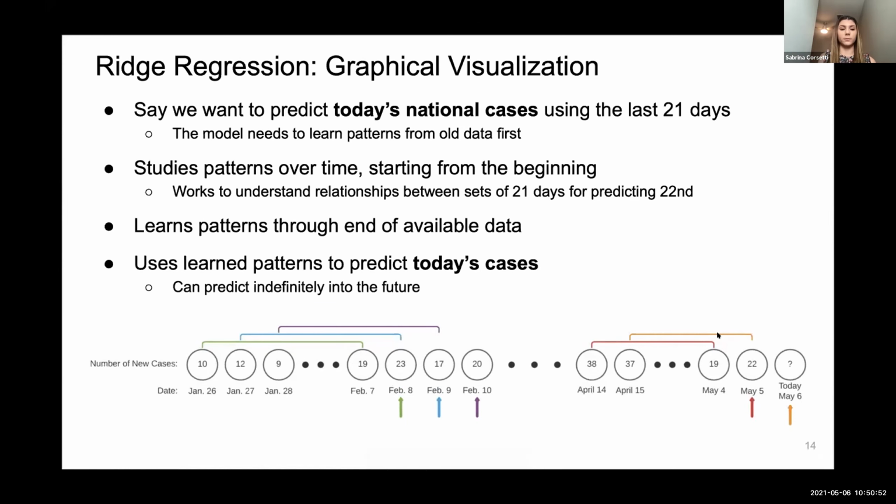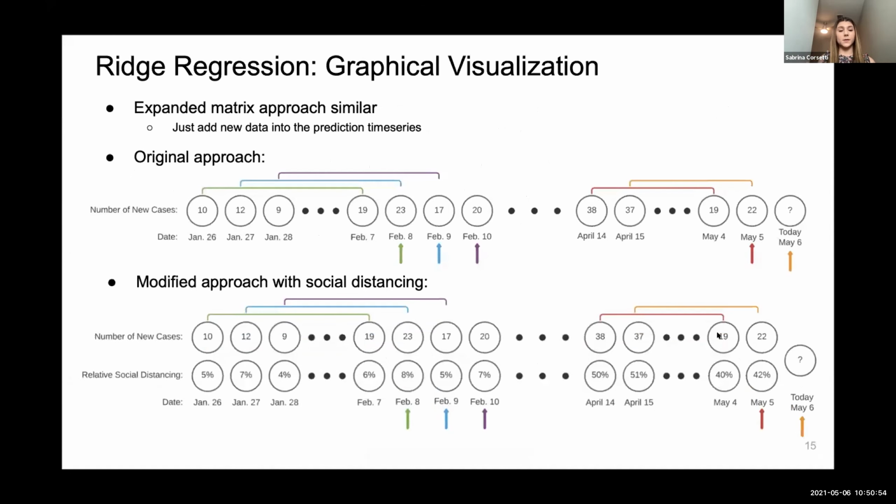One of the great aspects of this visualization is it shows just how similar the approach is to add in new factors to making our predictions. So for example, we have the image I just showed, which is how we can work over time to learn how to make a prediction in terms of national cases for today. But say we want to add in social distancing as a feature to help make these predictions.